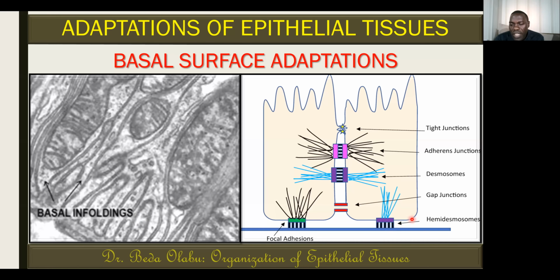Because on the basal side, the cell is now not relating to another cell, but to the basal lamina, we'll only have half a disc, and that's why we call it hemidesmosome. So hemidesmosome anchors the cell to the basal lamina. A desmosome anchors the cell to the other cell. So hemidesmosome is still an adhering junction.